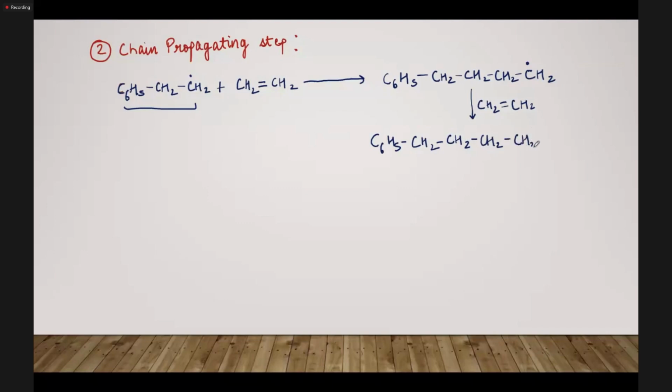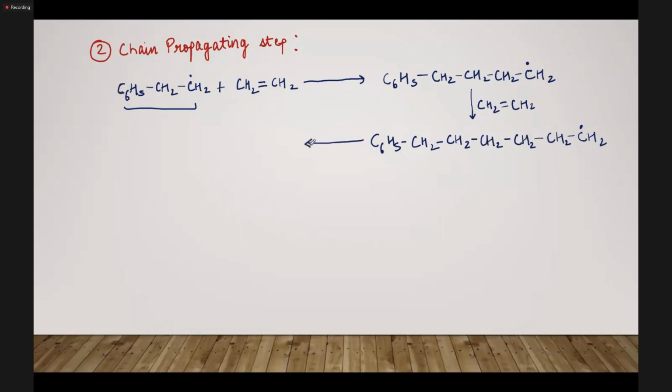Four carbon atoms were there in this. Then we have two more carbon atoms. So four इधर और हाँ this. ठीक है, तो after addition of one more ethene molecule, this is the complete structure.